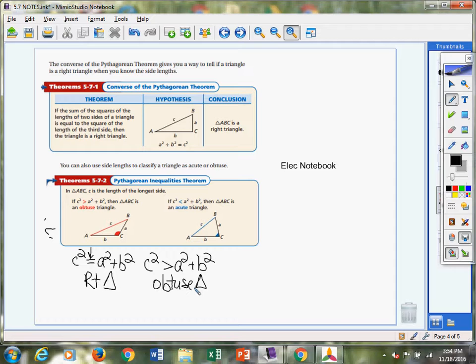If they equal each other, it's a right triangle. If the square of the hypotenuse is bigger, then it's obtuse. If the square of the hypotenuse is smaller, then it's an acute triangle. Isn't that neat how you can tell all this using one formula?